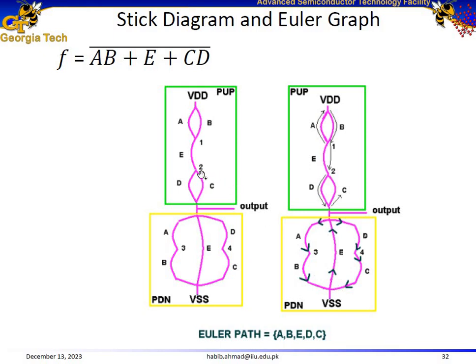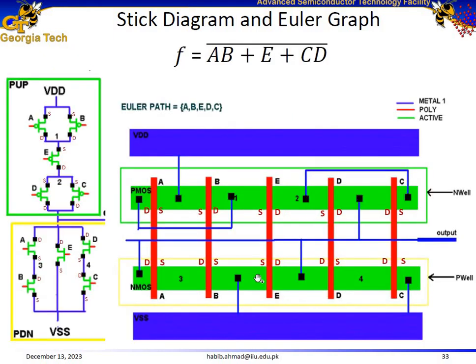Another possibility could be C, D, E, B, A. But let us work with this Euler path A, B, E, D, C. We label the polysilicon gates in the same order as the Euler path A, B, E, D, C. And then we make the supply rail, the ground rail, the P plus diffusion layer, and the N plus diffusion layer.